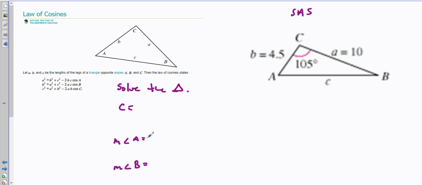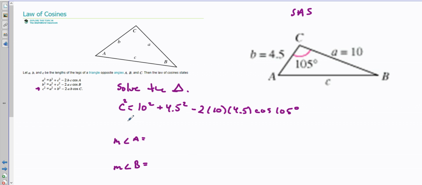With these values, the first thing we're going to want to solve for is the side C. We're going to use the law of cosines, because we have A and B, and the angle opposite the side we're trying to find, which is 105 degrees. So C squared equals 10 squared plus B squared, which is 4.5 squared, minus 2 times 10 times 4.5 times the cosine of 105 degrees.